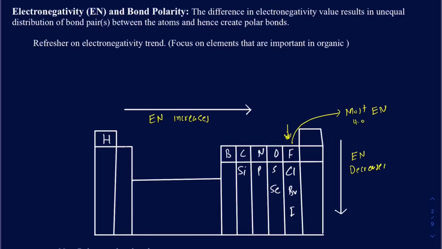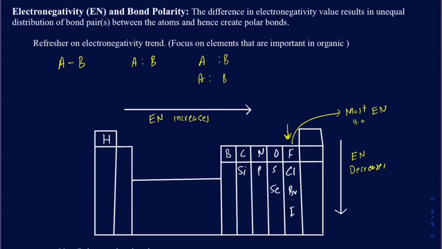Now, when you do make a bond, suppose I have made a bond between element A and B. So suppose I have a single bond between A and B. That means there is a bonding pair between A and B. Now, this bond pair between A and B either stays right in the middle, or it stays closer to B, or closer to A. It really depends on the electronegativities.